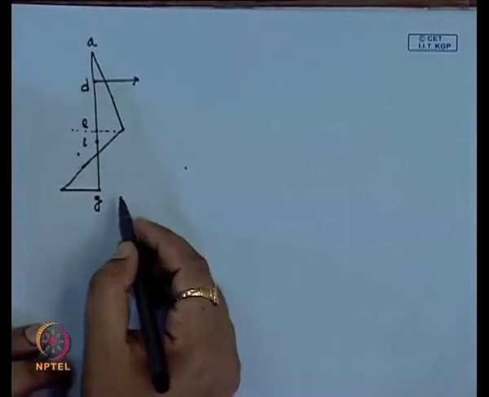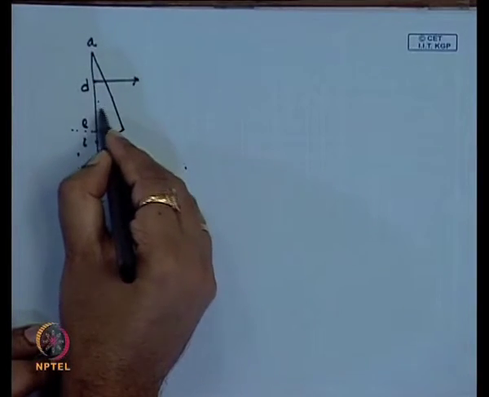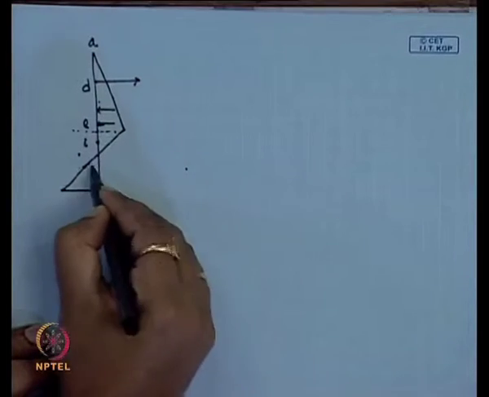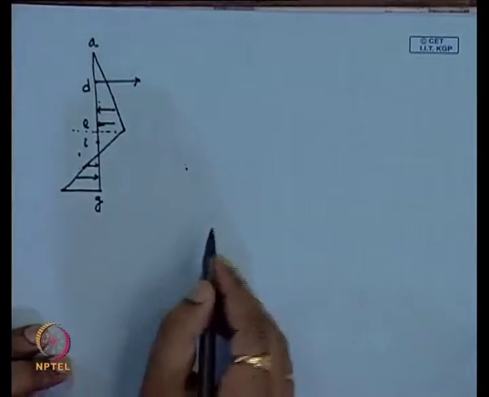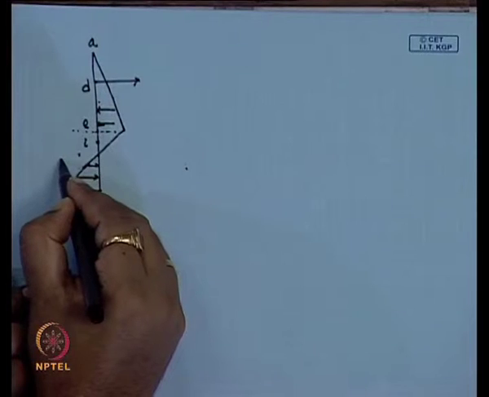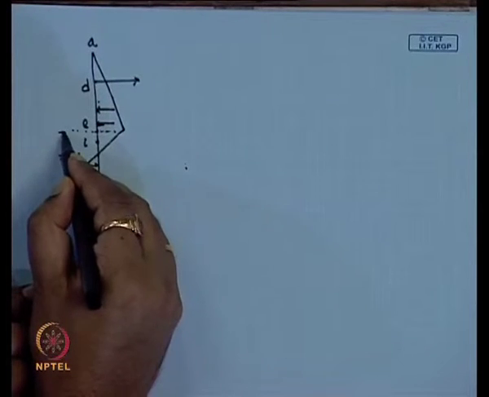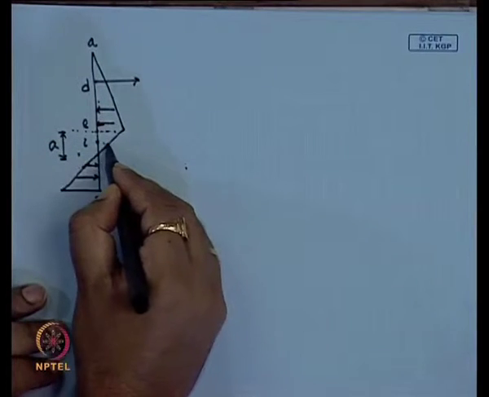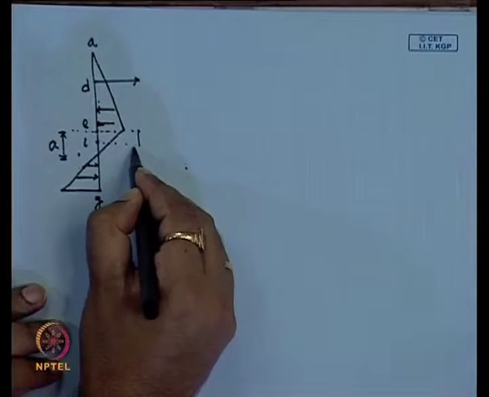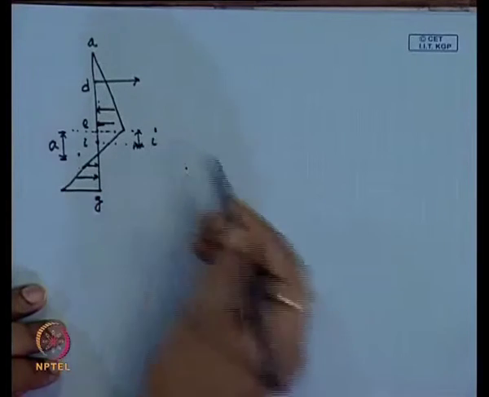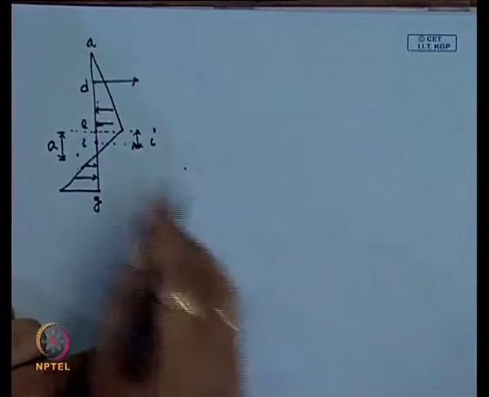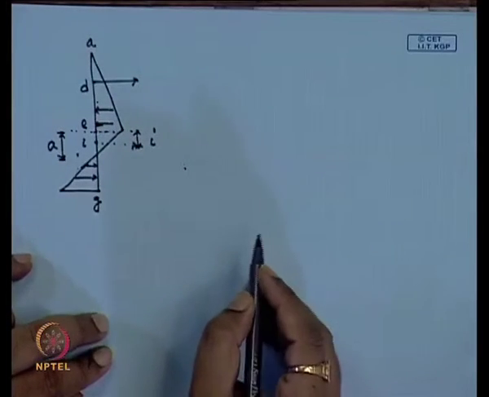The same force diagram we are considering here. If this distance, where the stress is 0, is a, and the distance of the I point from the dredge level is l.